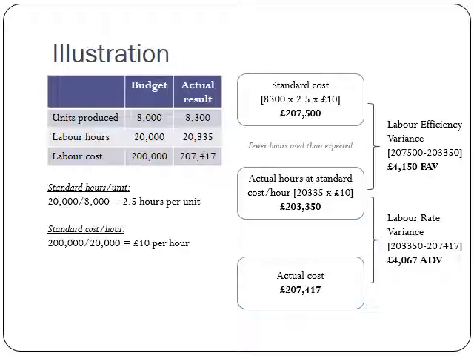Now here I've got a variance of £4,067, and this is adverse because the rate per hour is higher than expected. So it's slightly higher than £10 per hour. And that is how we calculate our labour efficiency variance and our labour rate variance. The same method is used to calculate materials usage and materials price variances.